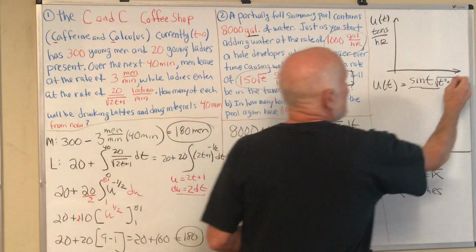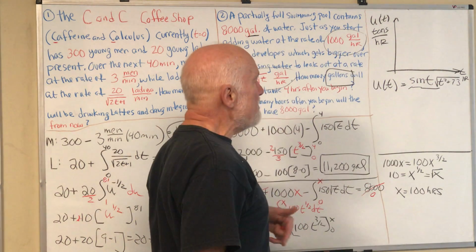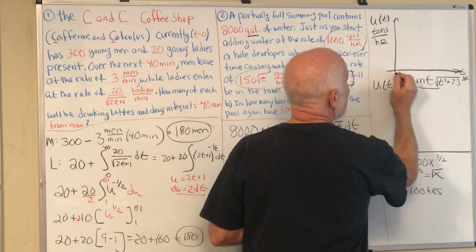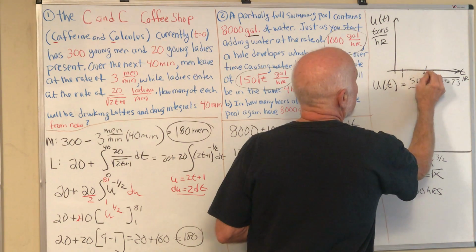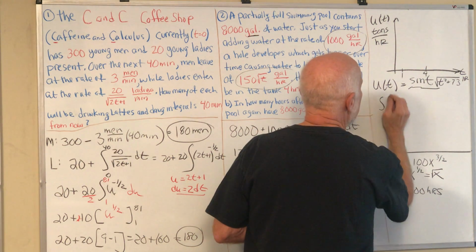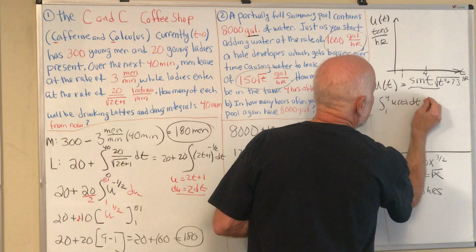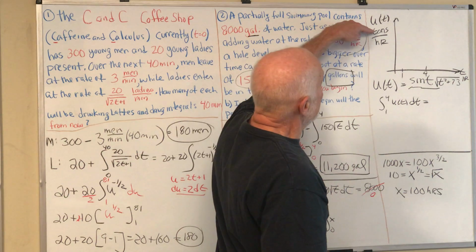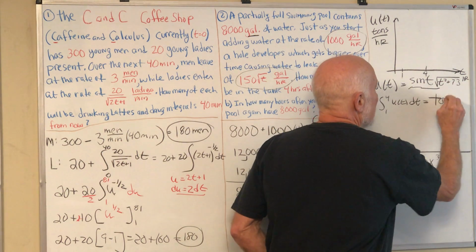And if t is in hours, what's going to happen if we take the definite integral from 1 to 4 of u of t dt? What are you going to get? Tons per hour times hours, or tons.